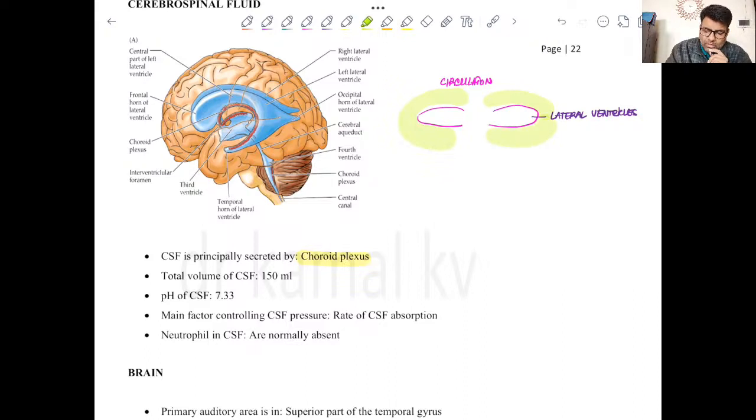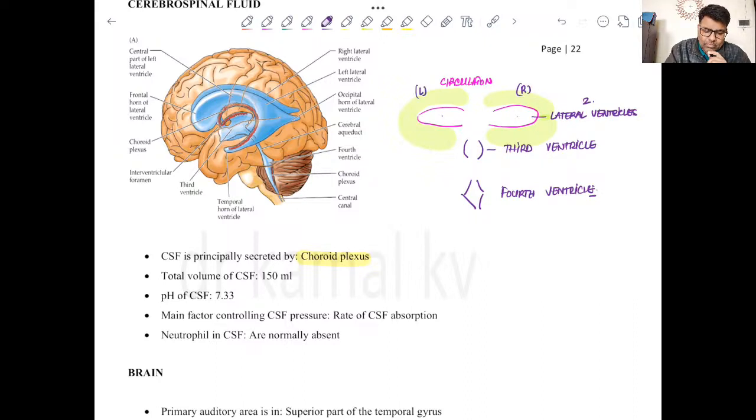Then this is the 3rd ventricle, and lower down is the 4th ventricle. Clear? So there is no first and second, because actually there are two lateral ventricles. So that is in other terms taken as first and second. So two lateral ventricles, one on the right side, another on the left side.